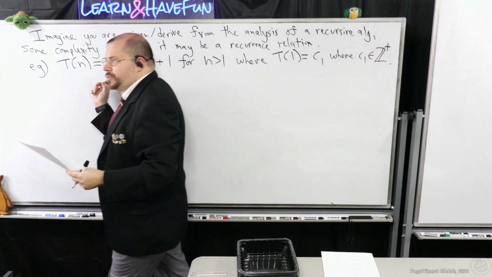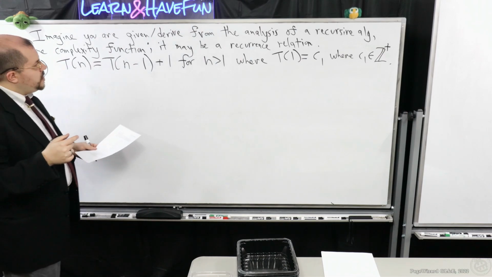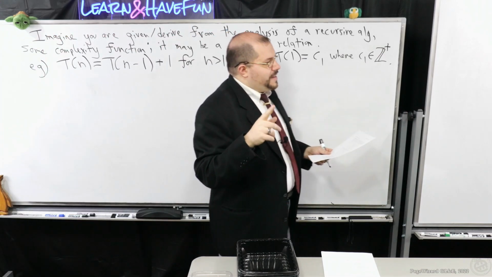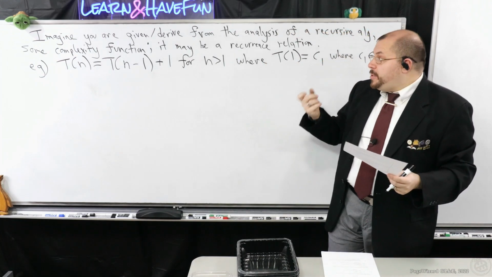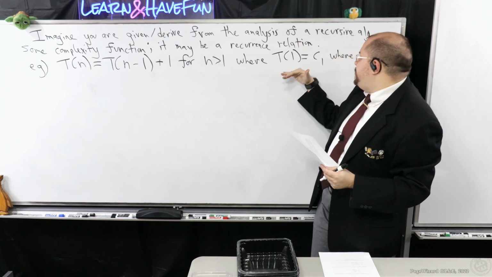So suppose that you're given this complexity function, just for the sake of our discussion here. Notice that it has a recursively defined part, namely this part of the definition, and then it has a base case.